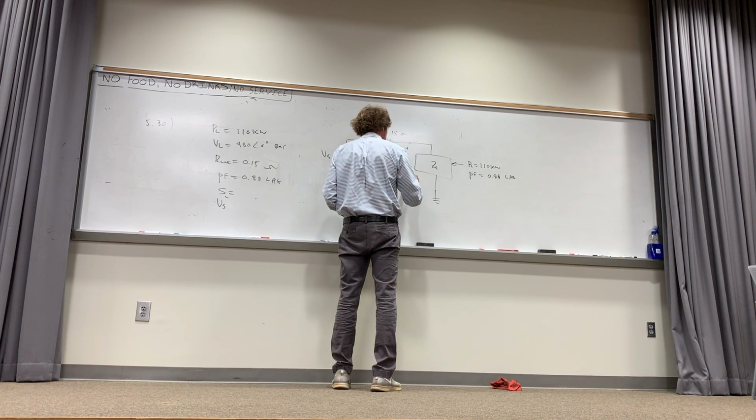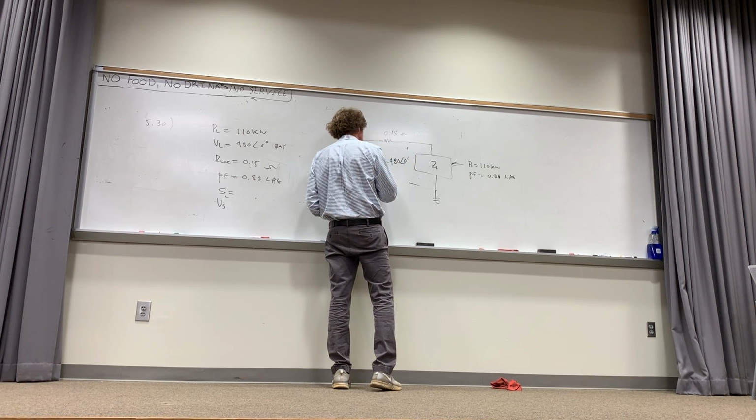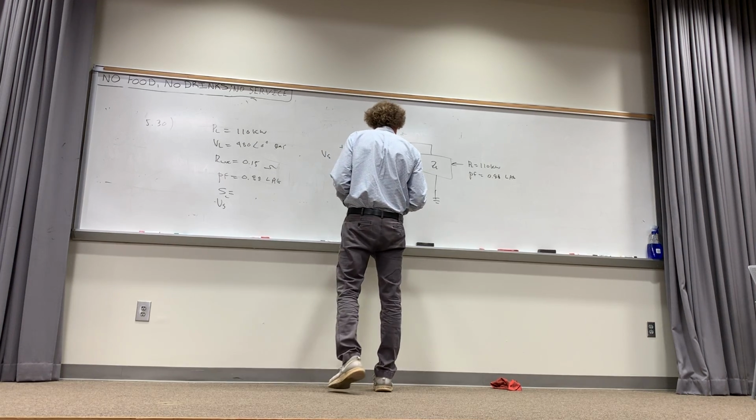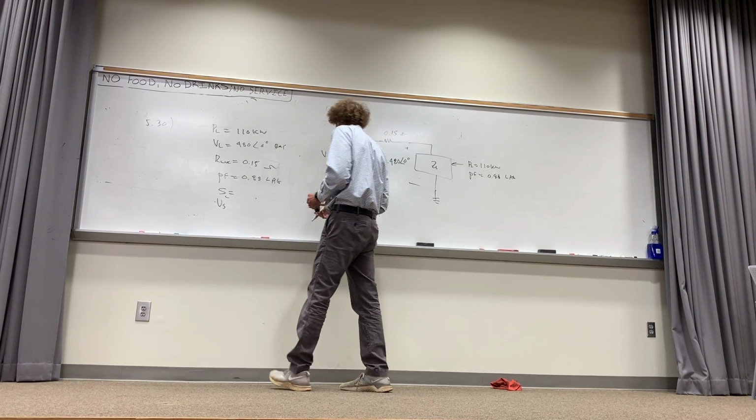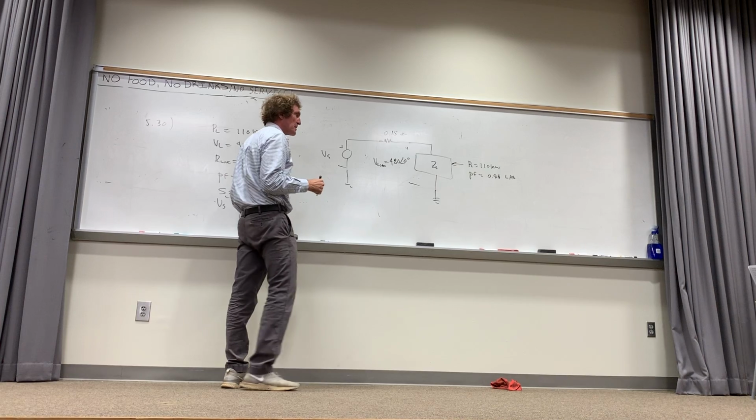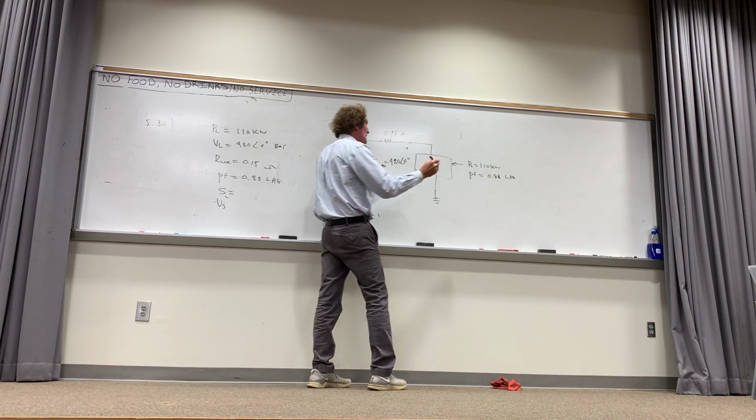This voltage is given as 480, which is common, at 0 degrees, RMS. They want to know complex power, voltage at the source, and things of that nature. First thing we need is a line current.